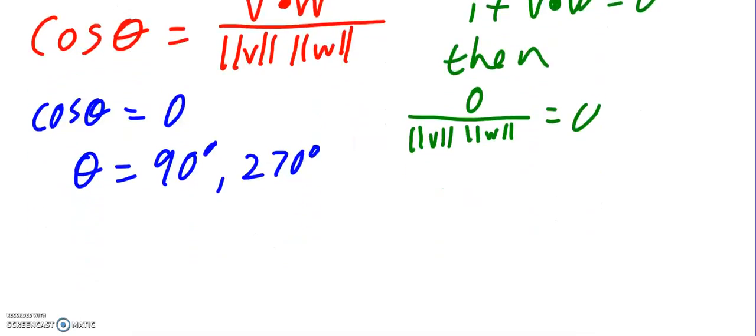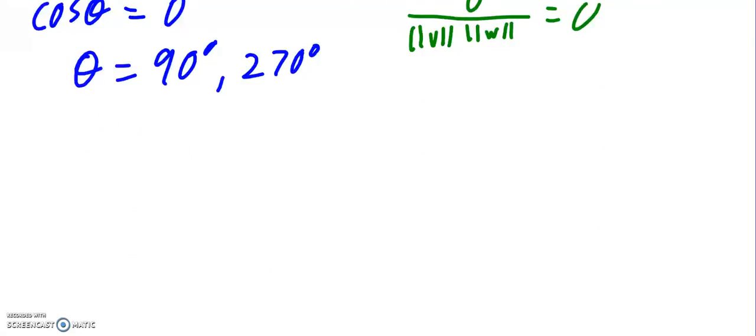What about parallel, you ask? Great question. So if they're parallel, then what has to be true about cosine? Let me rephrase the question. What angle or angles will result in parallel lines?